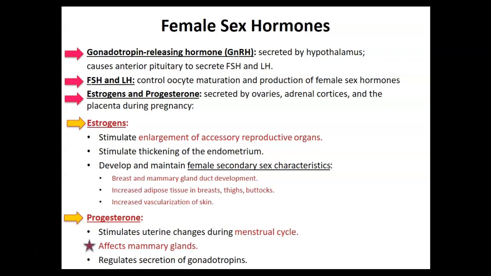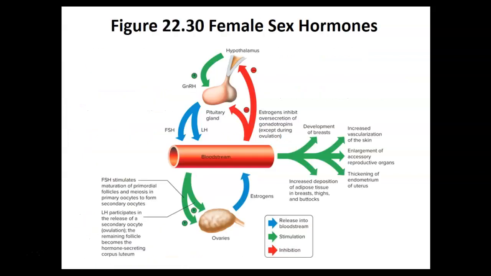And a woman's skin is more vascular than a man's skin because of estrogen and progesterone. I'm sorry, estrogen directly. Progesterone a little bit, but progesterone's main functions are going to be to regulate the menstrual cycle. Progesterone has a huge effect with mammary gland development that we'll talk about. And progesterone is very important for negative feedback control of the gonadotropins FSH and LH.